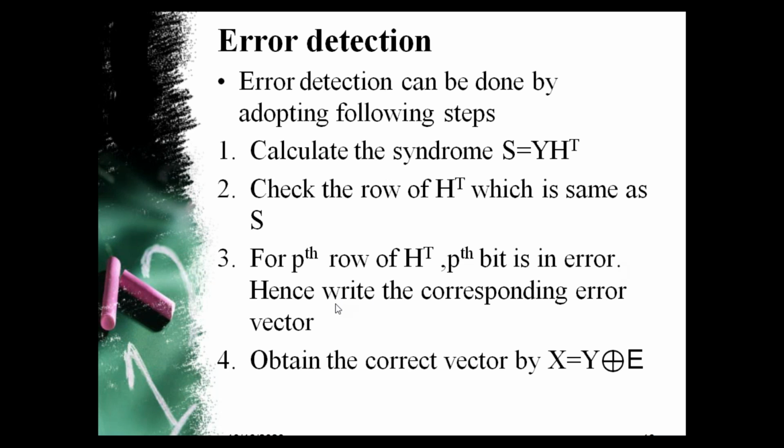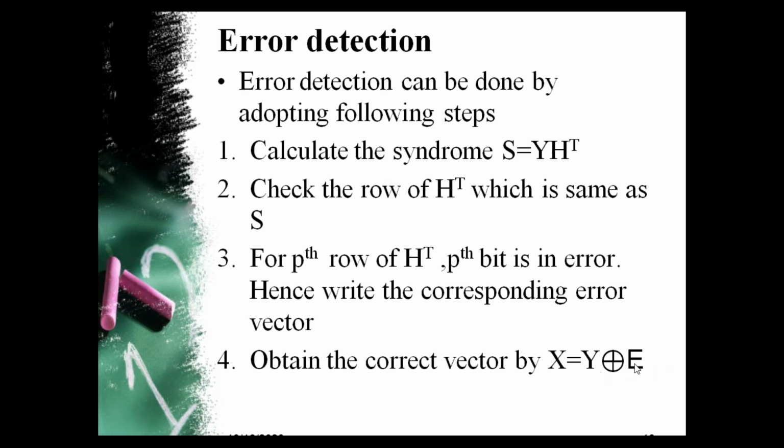Then we have identified the error position in which the error occurred. Then we can correct that error by using the relation X equal to Y plus E.